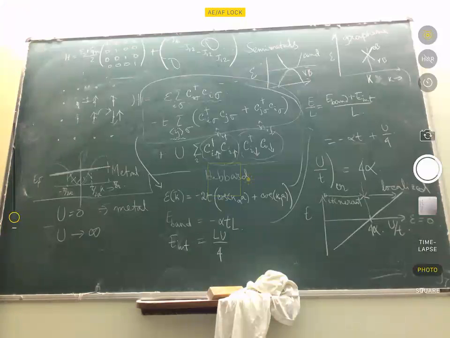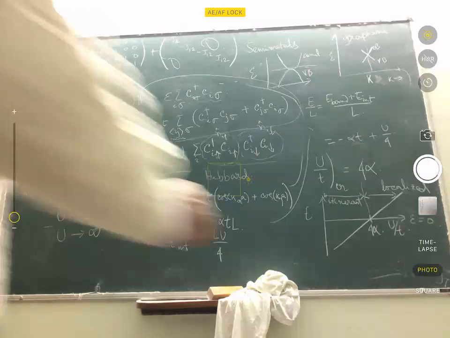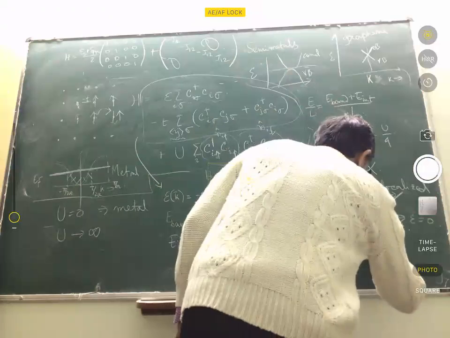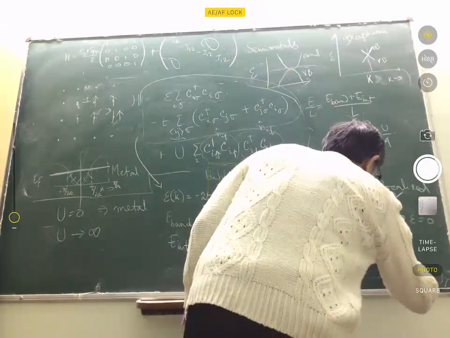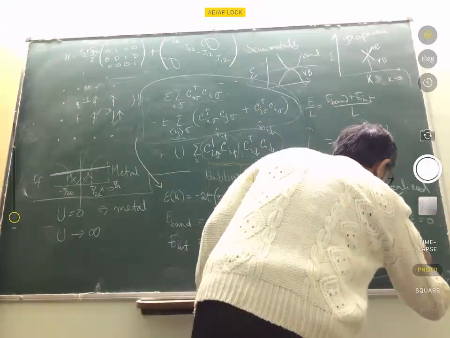This is due to interaction localizing all electrons collectively. So this is a correlation effect. This is not due to a half-filled band. And this transition is called the Mott transition.